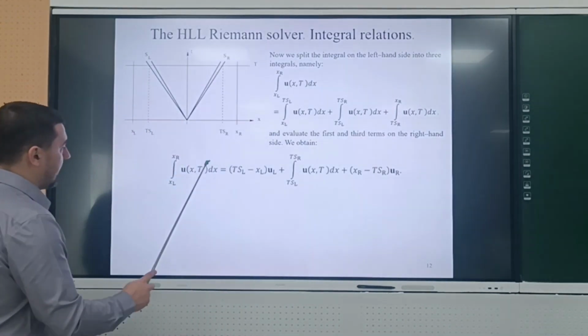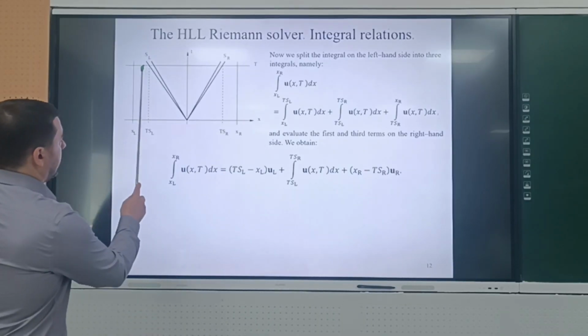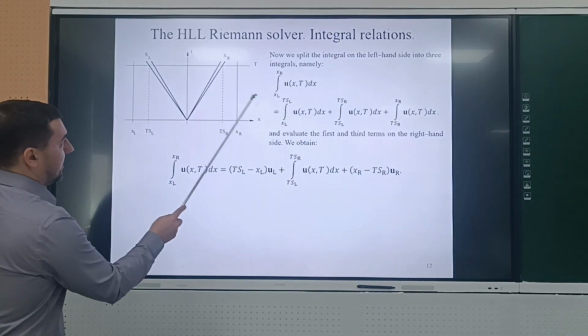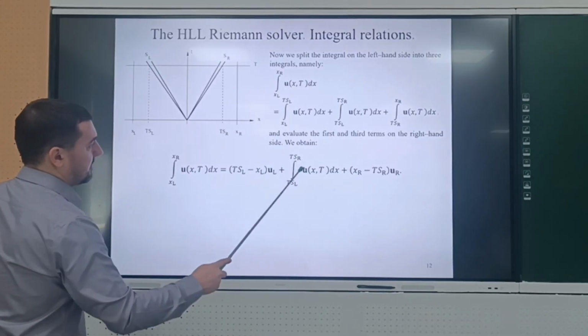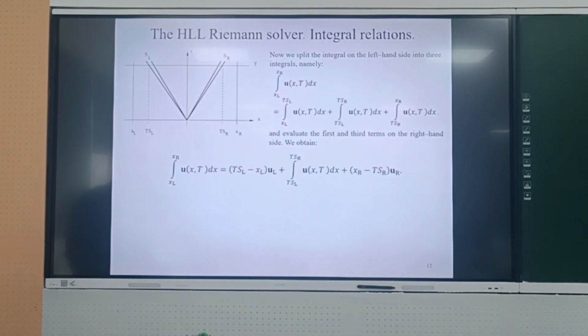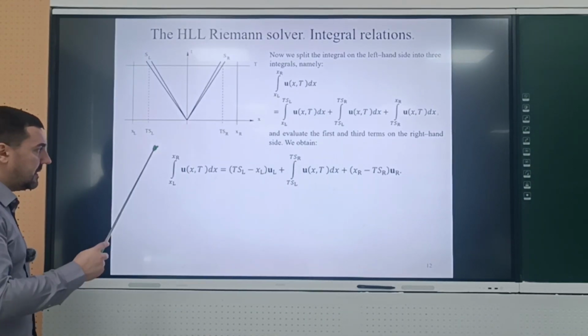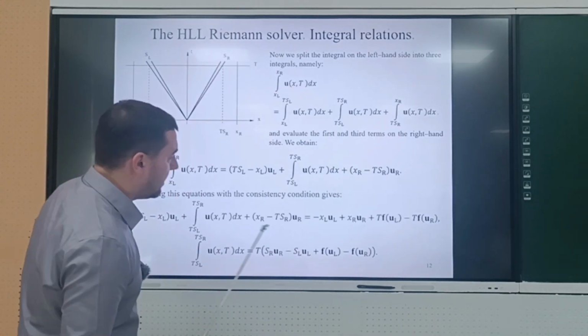We obtain that this integral equals this one. We keep this one and the third part. Now we can put this integral back into our consistency condition.